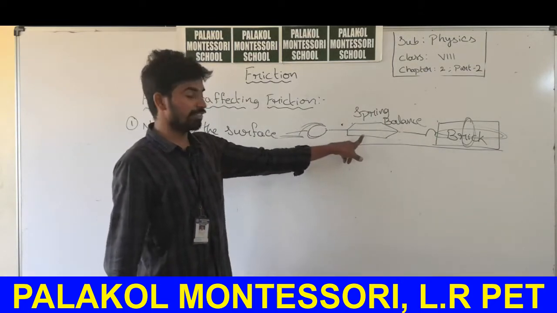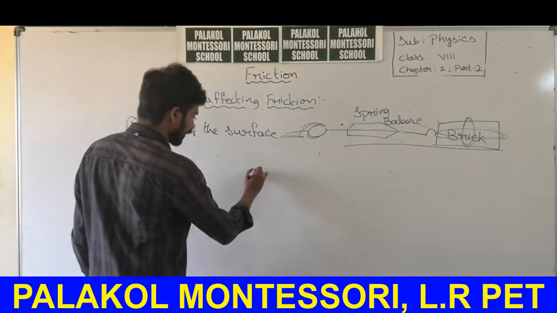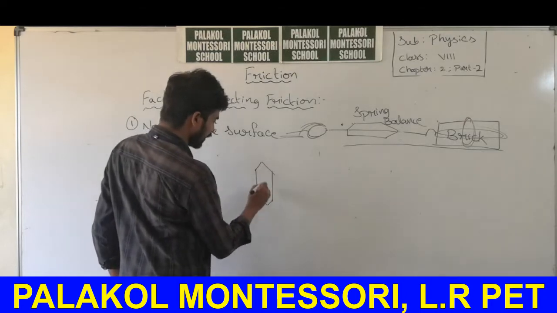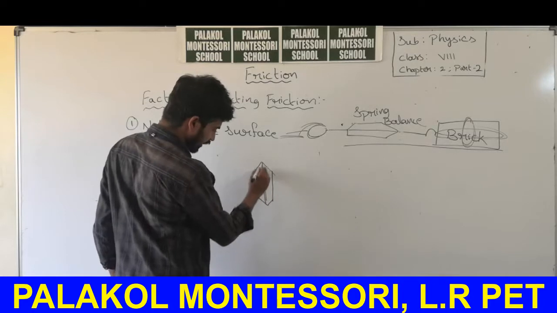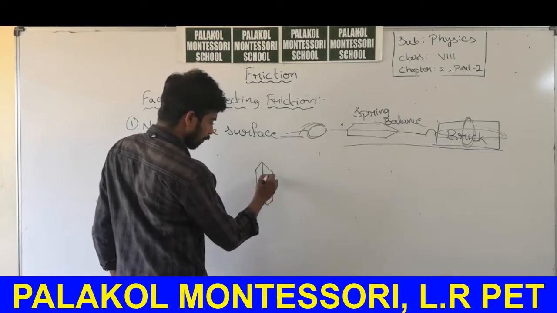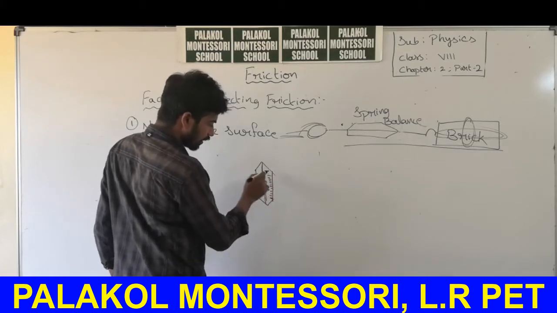So, what will we get from this balance? A spring balance consists of a spring. Some readings will be there in this arrangement. The spring inside it will have a pointer, and this pointer will show the readings on the spring balance.